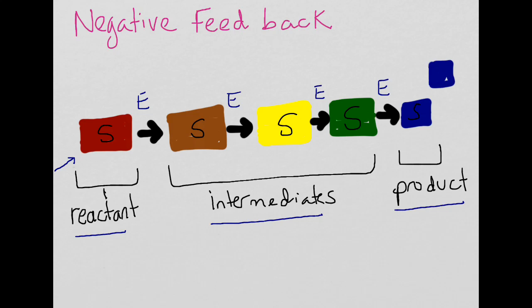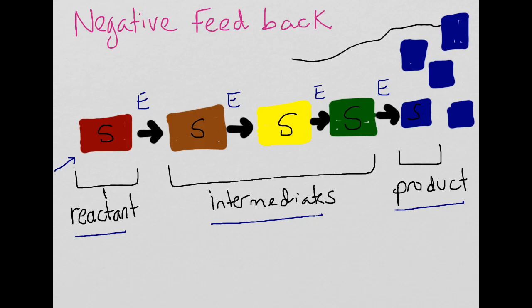Over time, some of that product may diffuse, or however it gets there, feed back to one of the enzymes in the pathway. We'll make it go to the first enzyme in the pathway. And when it goes there, it shuts that enzyme down. Okay? It shuts the enzyme down. When you shut that enzyme down, what happens to production?